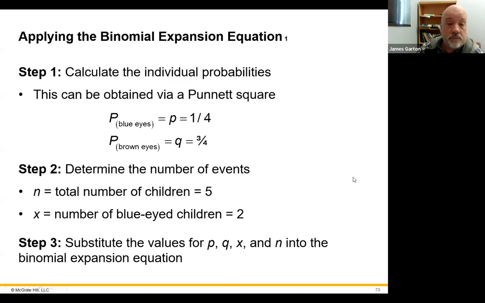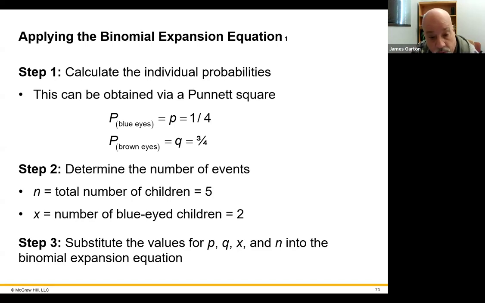You can use the binomial expansion equation. You can do this via Punnett square, or you can do this mathematically. The probability of a blue-eyed individual is 1/4. The probability of a brown-eyed individual is going to be 3/4.